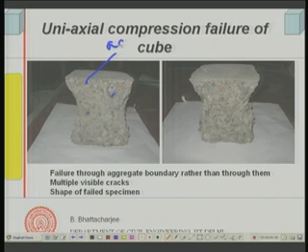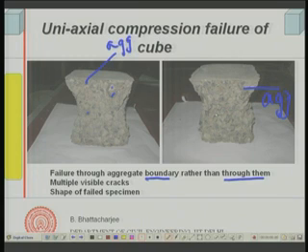You can see them, the aggregates are exposed, and failure is mostly through the aggregate boundary rather than through the aggregate. In either case, you can see, for example, this is again an aggregate, this is again an aggregate, and hardly can you see a failure through an aggregate. The crack never passes through the aggregate.